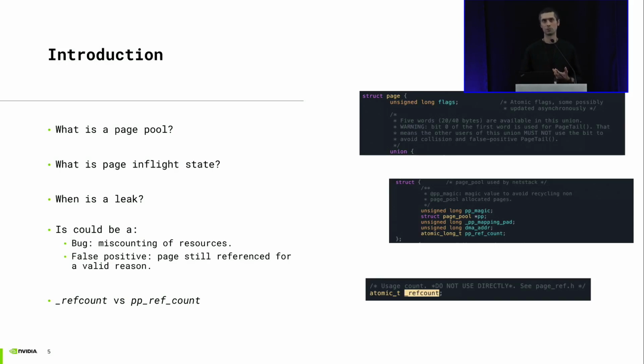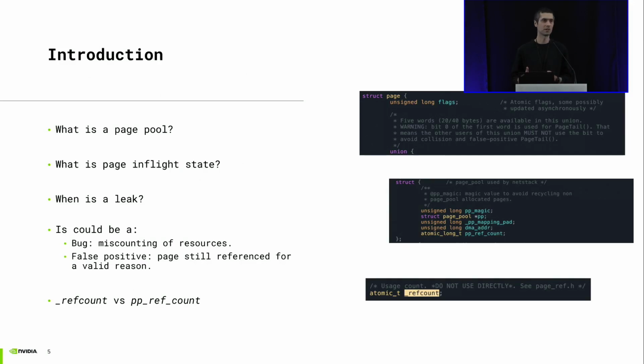This leak could be because it's a bug: the driver didn't do its ref counting properly. In the best case scenario, it's a leak. In the worst case, it's actually a double free, so a negative ref count. Or it's a false positive, where the data is stuck in an SKB which was never read because the application didn't care to read it, or maybe it's reading just once a day, so it's not really a bug, or maybe the socket leaked somehow.